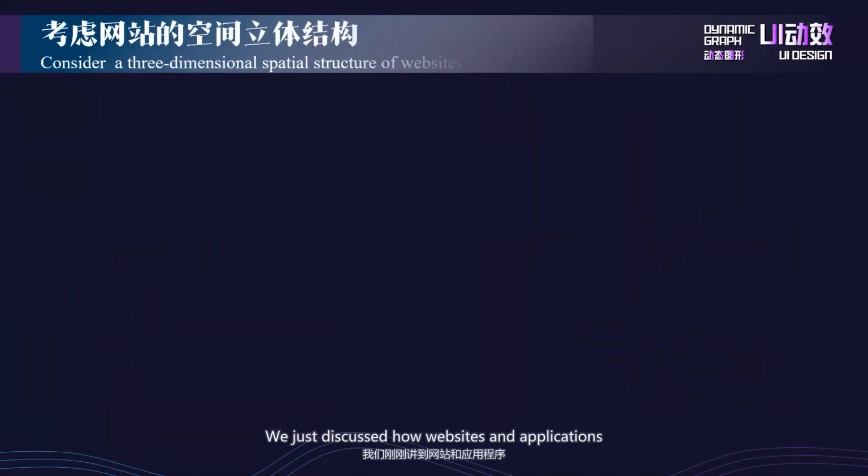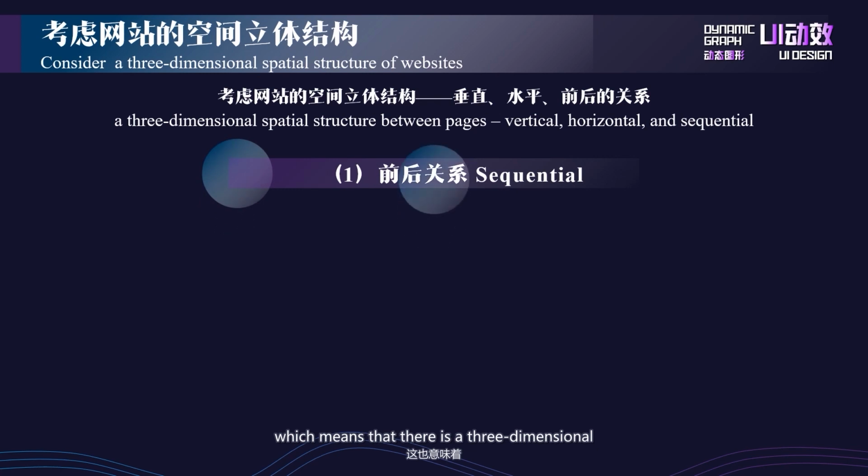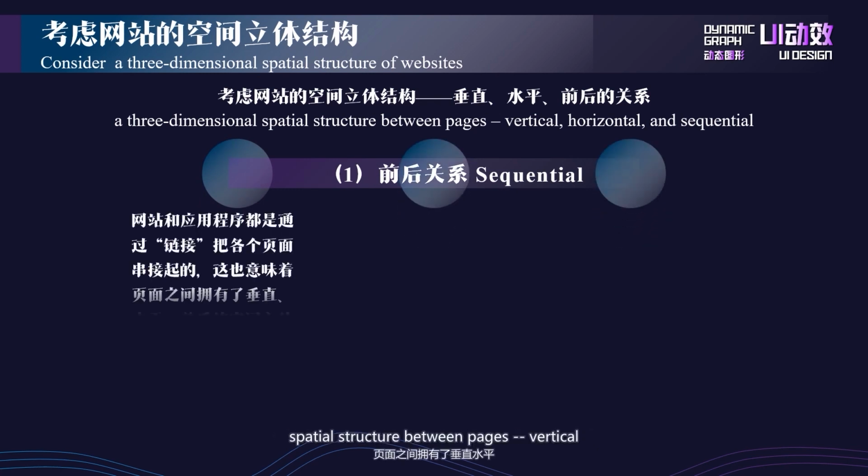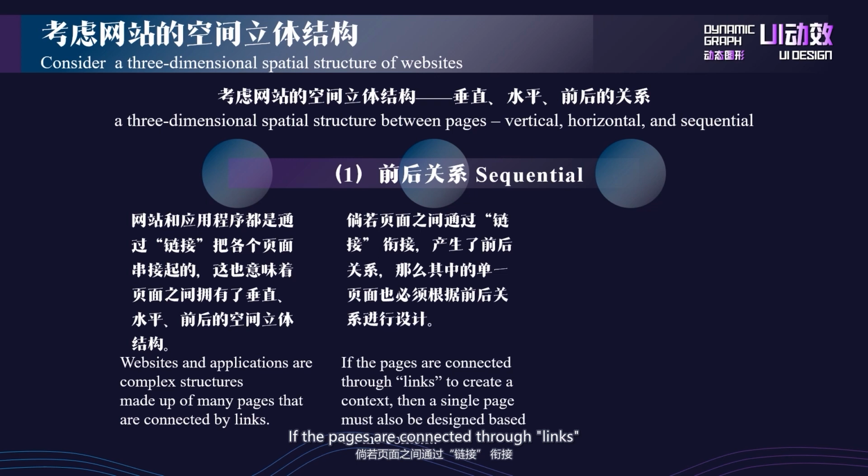We just discussed that pages are interconnected through links, which means that there is a three-dimensional spatial structure between pages: vertical, horizontal, and sequential. If the pages are connected through links to create a context, then a single page must also be designed based on the context.